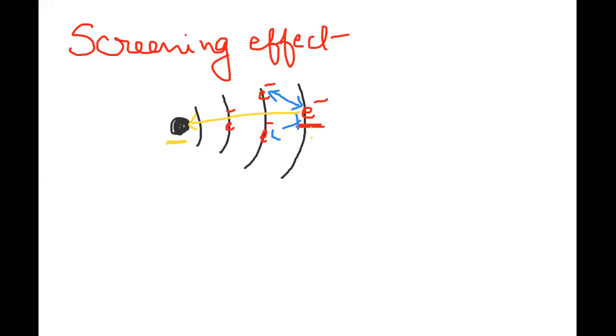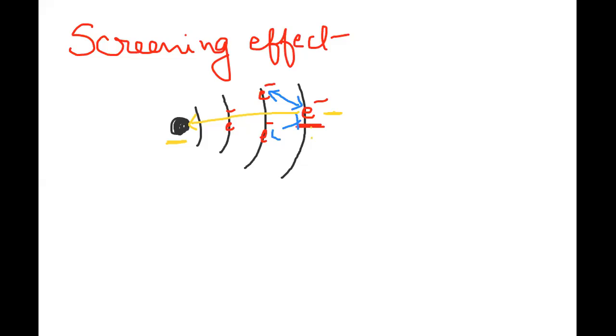These electrons show a repulsive effect, the repulsive forces acting between the electrons of the inner shells and the electron in question in the outermost shell. So the net attractive pull that this electron experiences is much less than what it should have been. This is called the shielding effect or the screening effect.